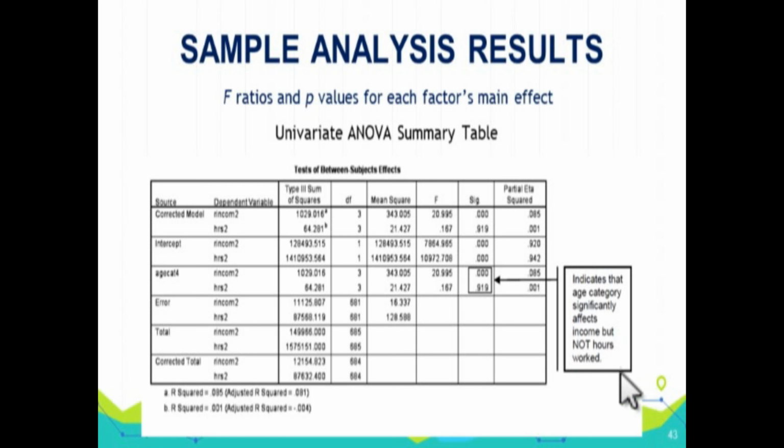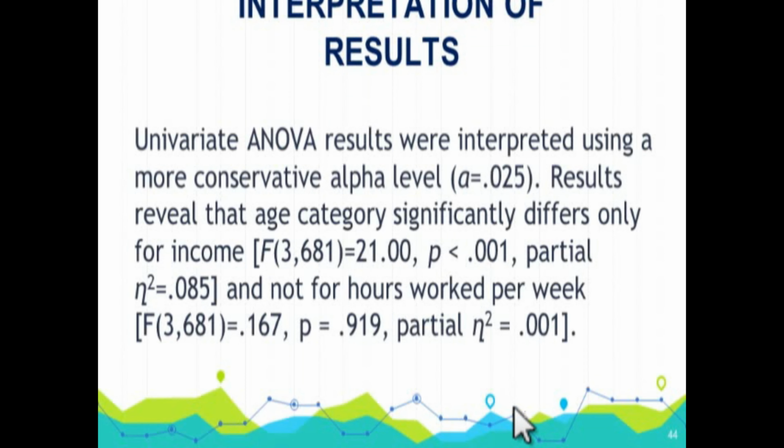So it indicates that age category significantly affects income but not hours worked. To recap the result, the univariate ANOVA results were interpreted using a more conservative alpha level of 0.025. Results reveal that age category significantly differs only for income and not for hours worked per week.